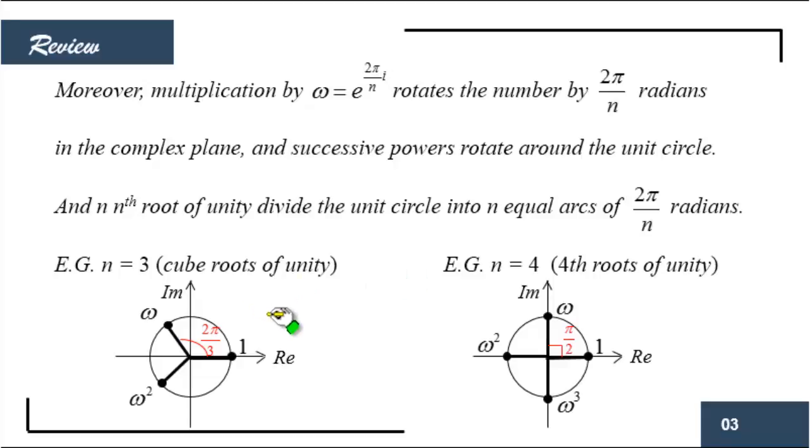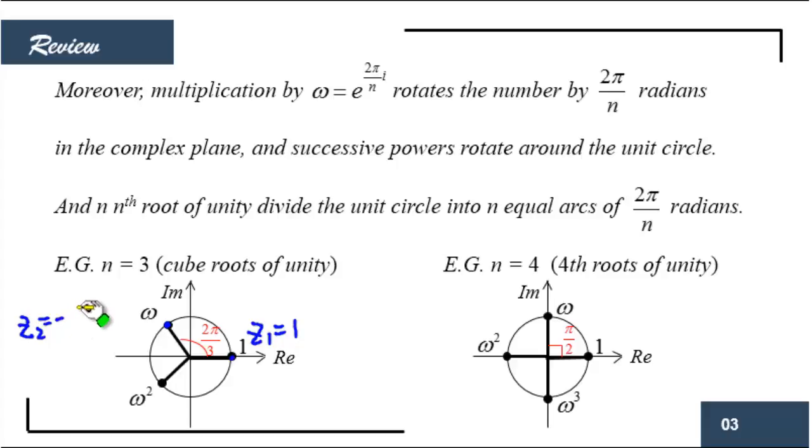We could take the cube roots of unity as an example. The first root is 1, and from this point, rotate 2 pi over 3 radians to the second one, which is cosine 2 pi over 3 plus i sine 2 pi over 3.